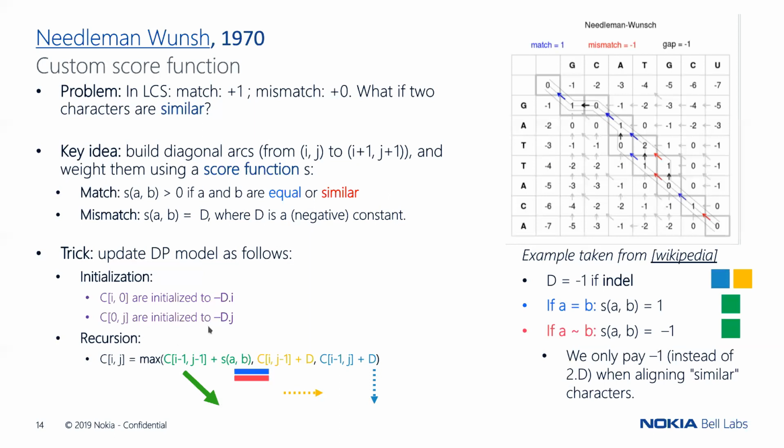And if you take my previous green arcs, which correspond to the blue or the red ones in this picture, you reuse the previous cost and you add the similarity, the cost of S of A, B. Is it clear? Yes? Okay, perfect. So as you can see, it's very straightforward. Instead of counting arcs, I just weight arcs, and this is the main idea.